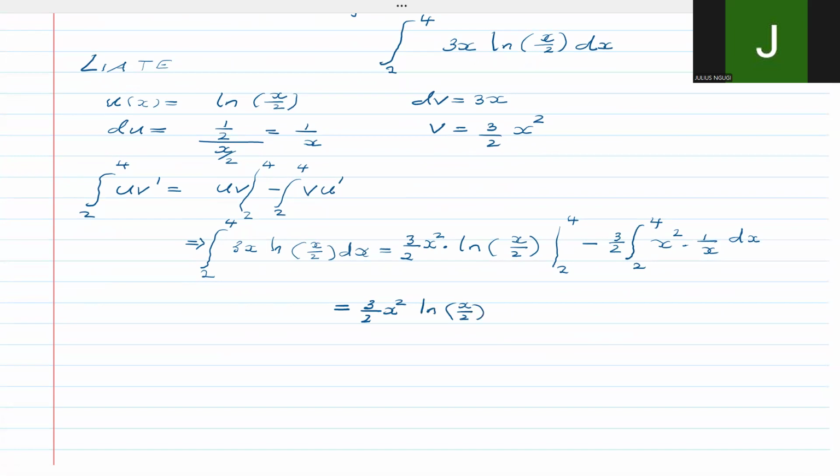I'll put the limits of integration later, minus 3 over 2. Then for the integral of this one, you can simplify: x will cancel with another x, and you get x. So you're integrating x from 2 to 4 with respect to x. Let me put 2 to 4 here as the limits of integration.